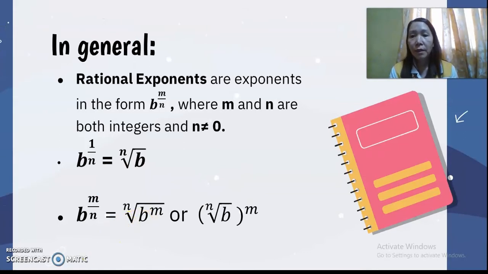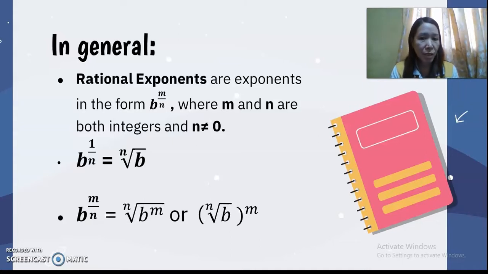Okay, so we're going to summarize what we did earlier. Rational exponents are exponents in the form b raised to m over n, where m and n are both integers and n must not be equal to 0. Why? If n becomes 0, that is already undefined.